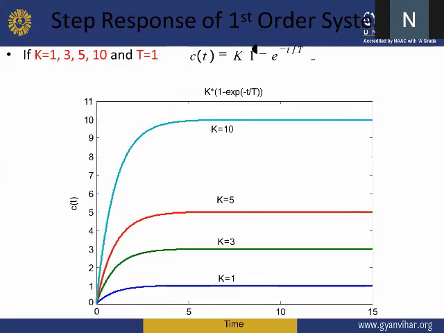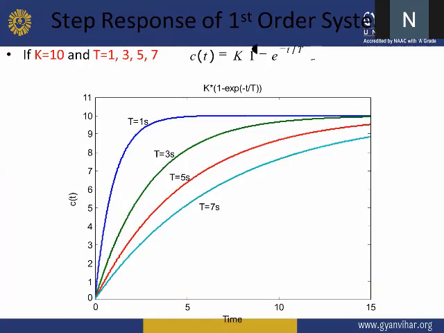We have seen how the system behaves and responds for the various values of the time constant, how the system gets more sluggish. If you increase the time constant from 1 second to 3 seconds to 5 seconds to 7 seconds, the sluggishness of the system increases, and the time taken by the system to reach its steady state is increased.